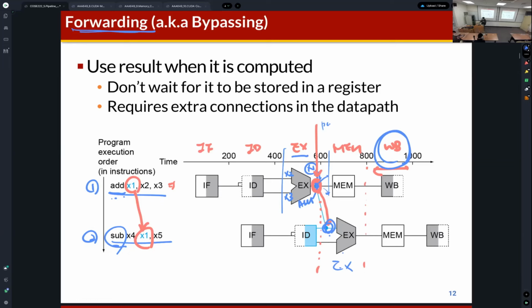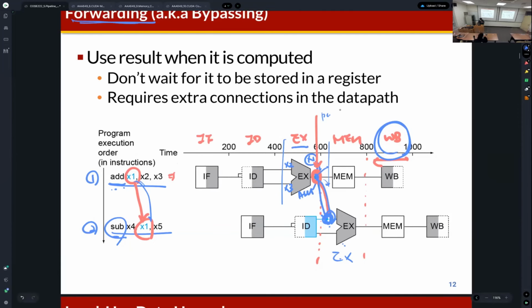Then this result can be delivered to this point, the input of the ALU. So if this data is required, then this data already exists in the processor, and the existing data can be forwarded into the input of the ALU.